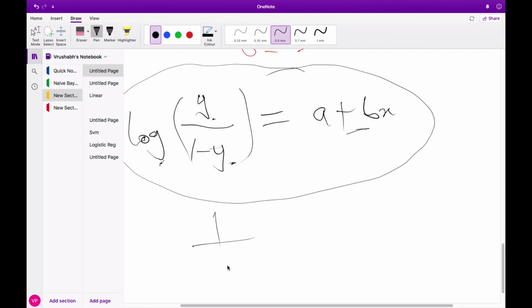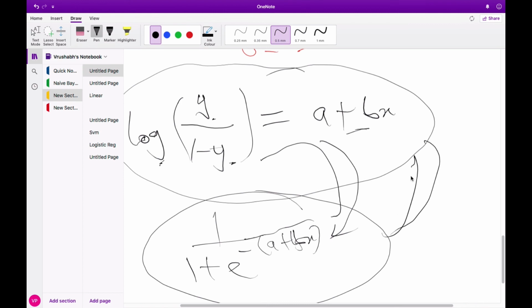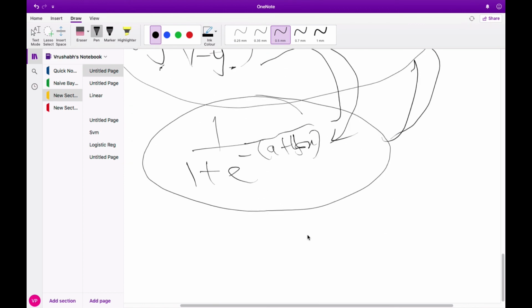So it's just 1 over 1 plus e to the negative (a plus bx). So you can see that we have the linear over there. So we say that these two equations are equal. Now let me show you why we say that these two equations are equal.